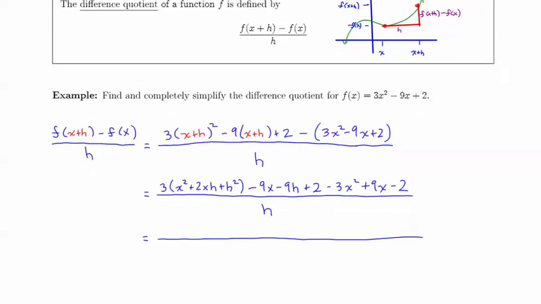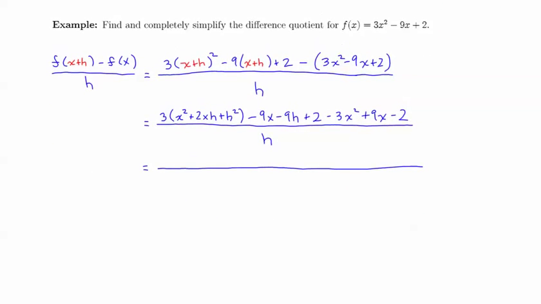So we've got 3x squared plus 6xh, distributing that 3, plus 3h squared minus our 9x minus 9h plus 2 minus 3x squared plus 9x minus 2, and again, that's still all over h. At this point, we're going to see that a number of things cancel.